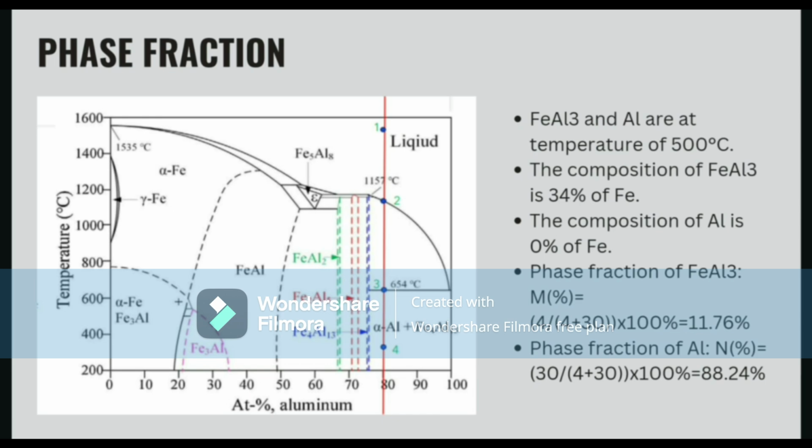So given the data of 4 grams of FeAl3 and 30 grams of Al, we can calculate the phase fractions based on the formula.